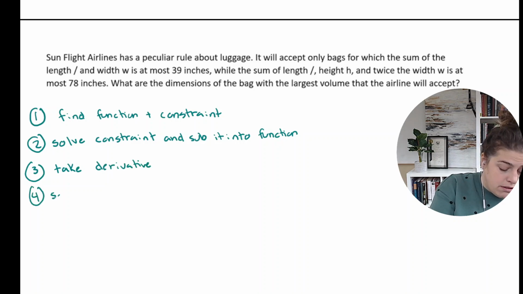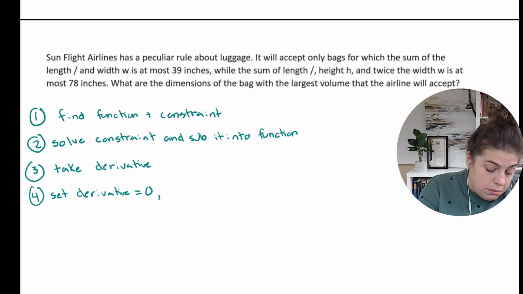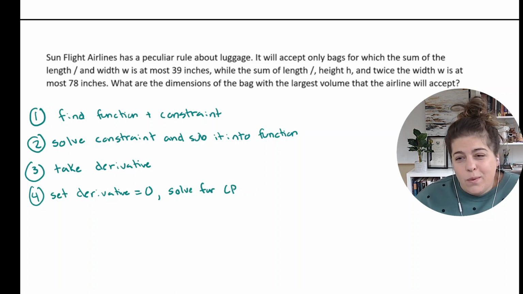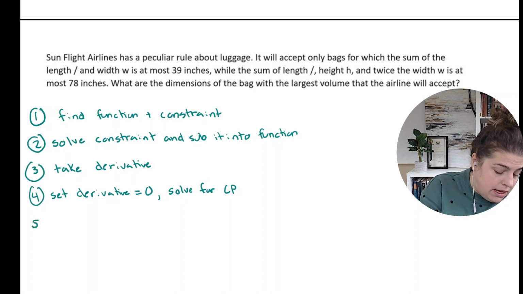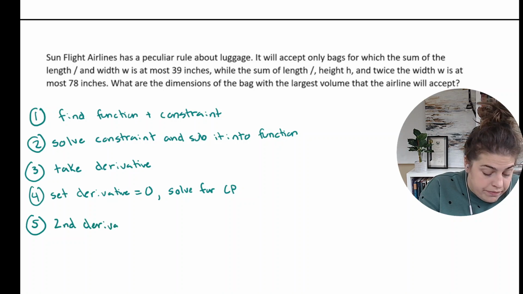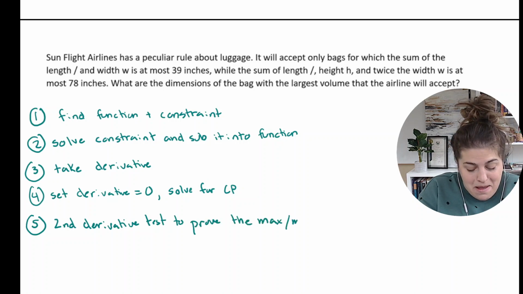And then we set the derivative equal to 0, right? And solve for our critical point. We can also use our first derivative test or second derivative test. Typically, here we're always looking at our second derivative test to prove that we found a max or a min.